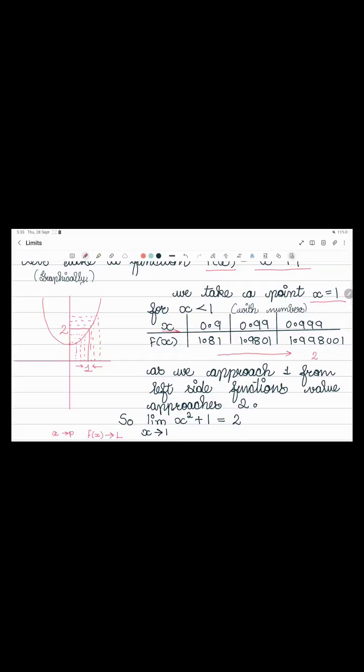So limit at x equal to 1 of the function x square plus 1 is equal to 2.